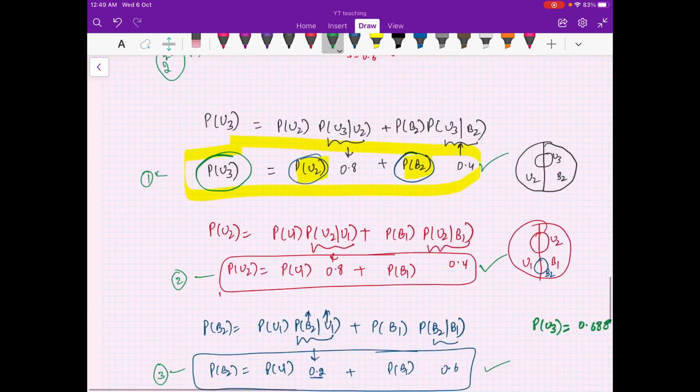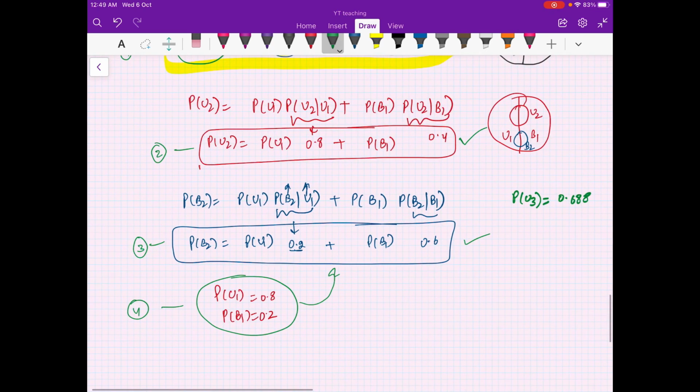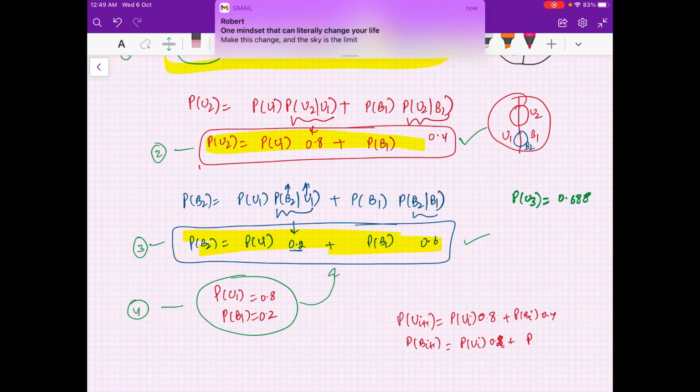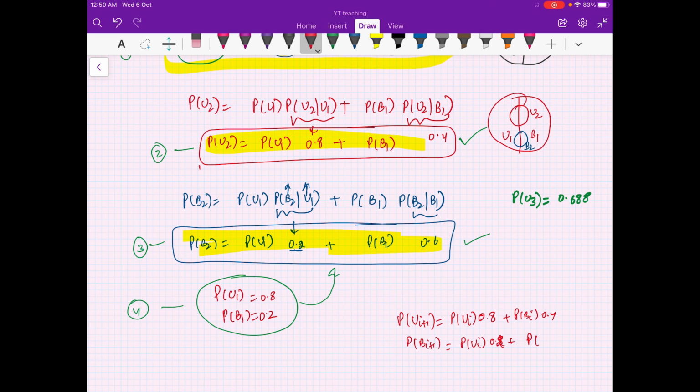But in this case, the total probability approach, here you see these formulas. They are same. So you have probability of U(i+1) equal to probability of Ui into 0.8 plus probability of Bi into 0.4. And you had probability of B(i+1) as probability of Ui into 0.2 plus probability of Bi into 0.6.